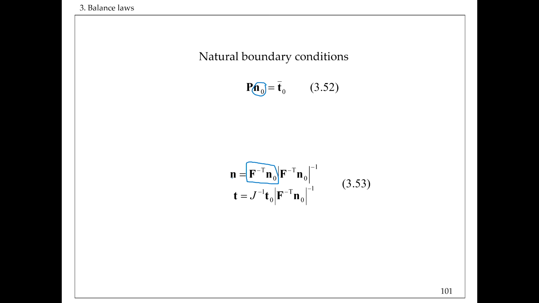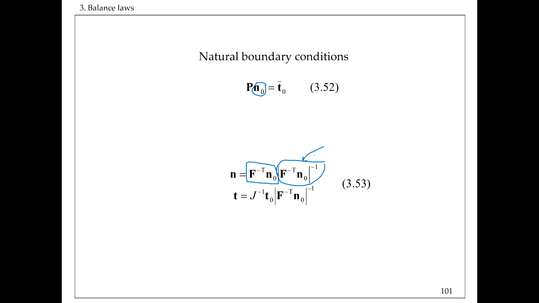So we redefine n by dividing this new vector by its length, right? This term is the magnitude, the length of that. We divide it, and then n becomes a unit vector.